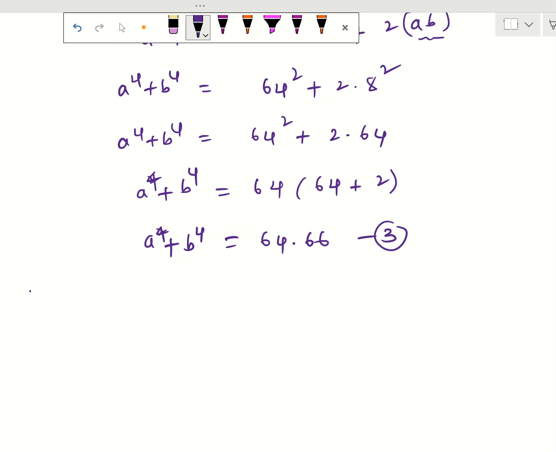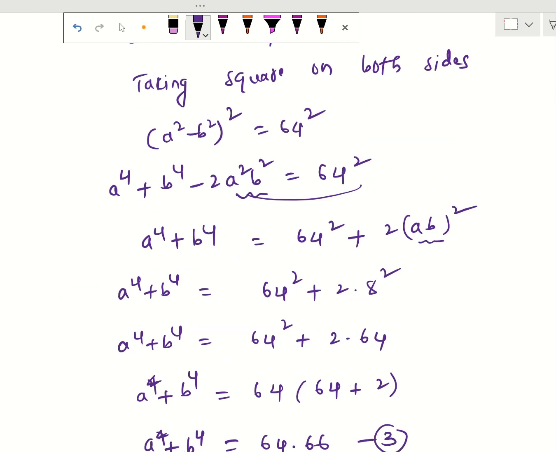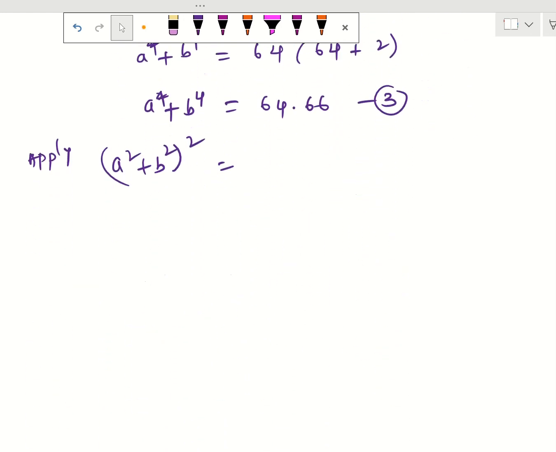Now I am applying the formula here. We have taken the term a square minus b square whole square, and now we recall the formula a plus b whole square.